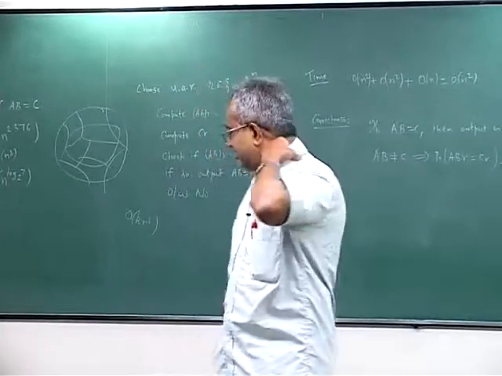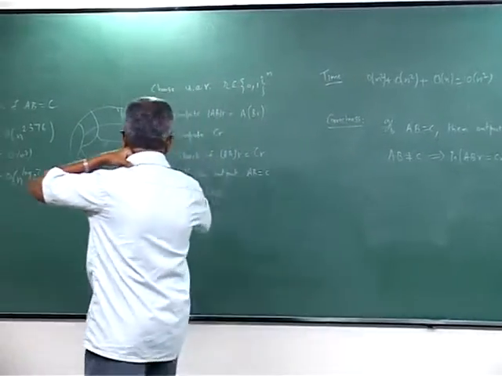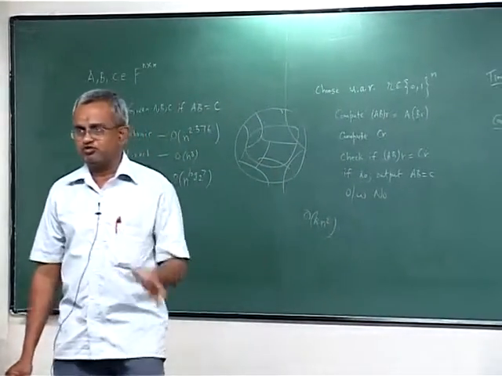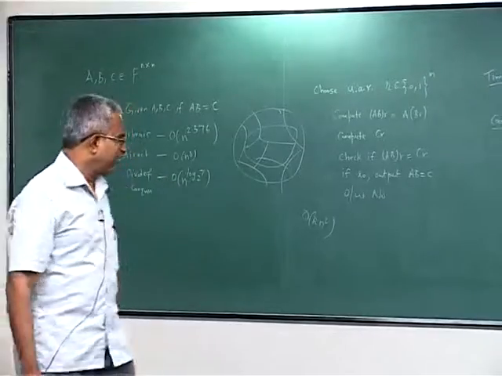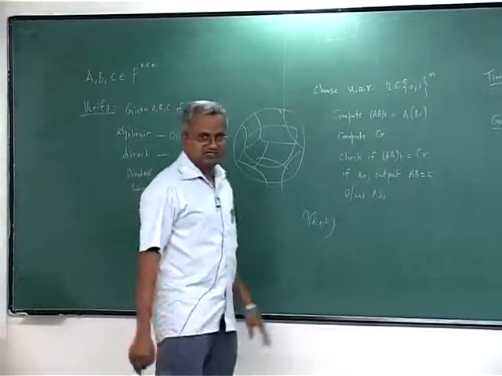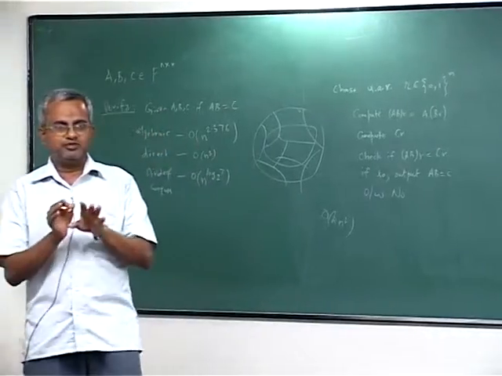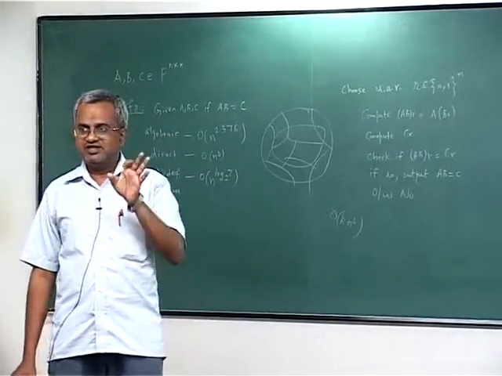That happens here. It happens here also. You can bring down the failure probability to be at most 1 over 2 power k by doing k independent trials. Still, you can only upper bound it to be 1 over 2 power k. You cannot upper bound it to be 0. Okay. There is always this incorrect thing.